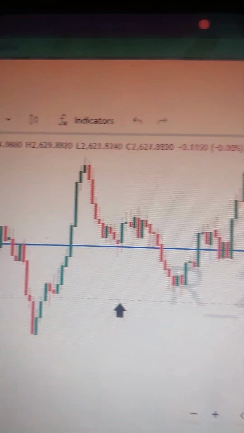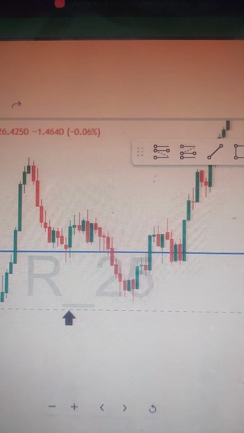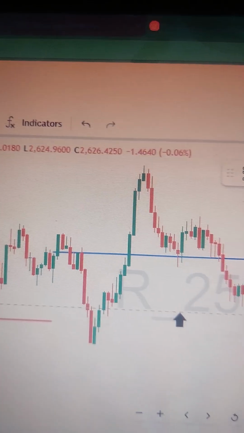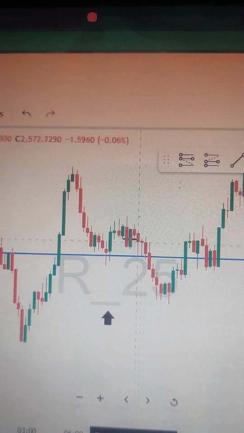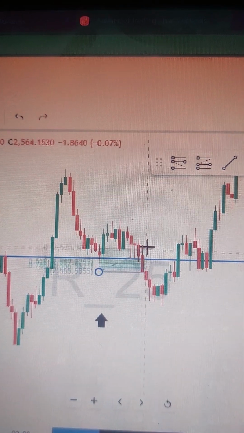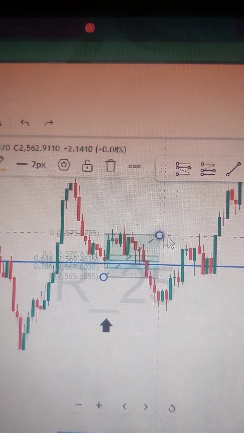You would have been tempted to take this one here, and you would have taken a loss here, but that is okay because losses are part of the game.